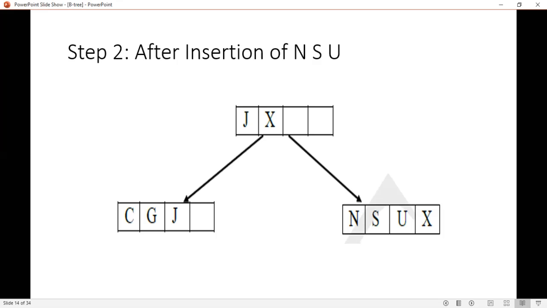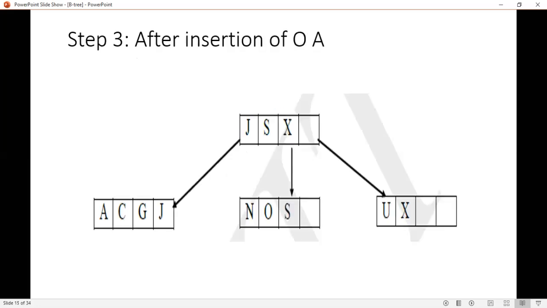First entry is J, the highest value of the left child, and next entry after splitting the right node you will have S followed by the X, okay. See this diagram here, okay.